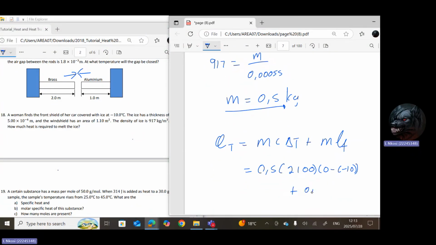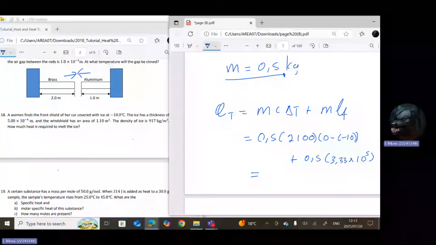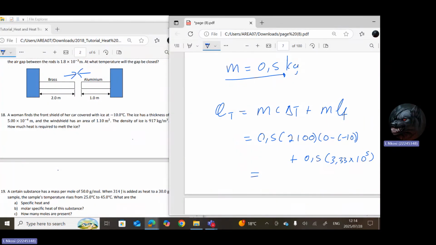And then we have 0.5 times the latent heat for water, which is 3.33 times 10 to the 5. So the total heat would be 0.5 times 2100 times 10 plus 0.5 times 3.33 times 10 to the power 5.